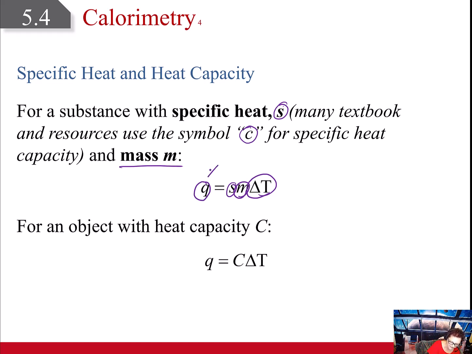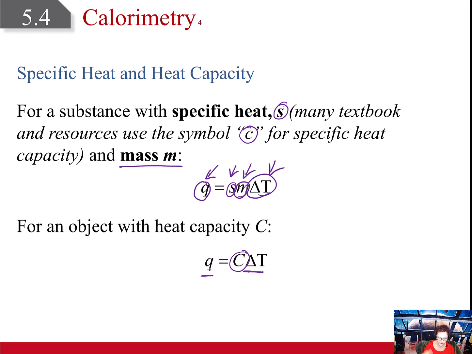This is the energy, this is the specific heat, this is the mass, this is the change in temperature, okay? And then once you get that, you can calculate the heat capacity times delta T.